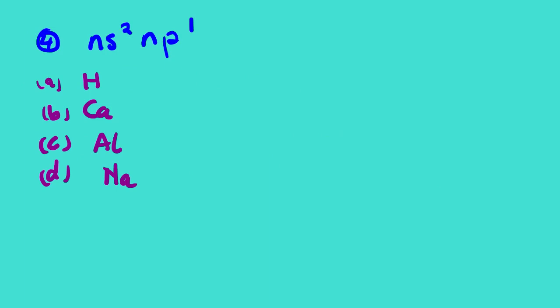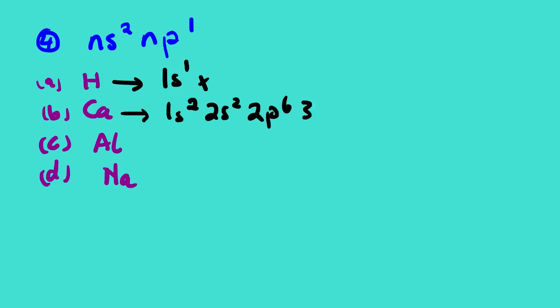Remember, in order for you to actually understand this, you should pause the video, work out the answer, then play the video to verify your answer. Helium is 1s2, cannot be this. Calcium is 1s2 2s2 2p6 3s2 3p6 4s2.